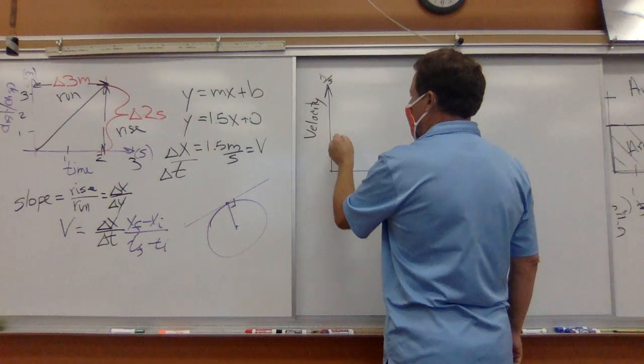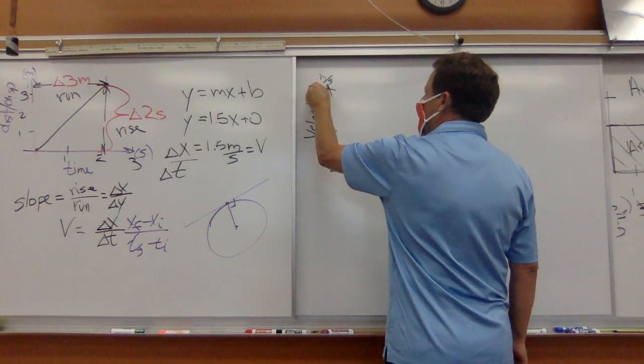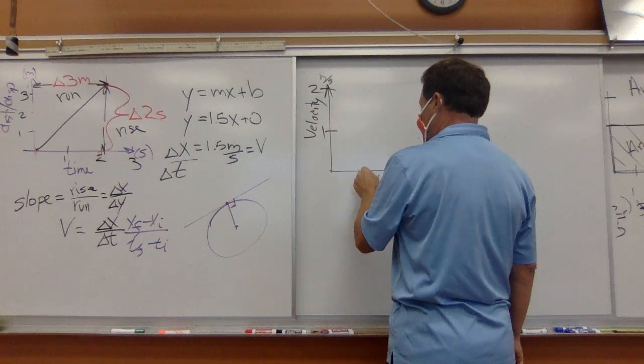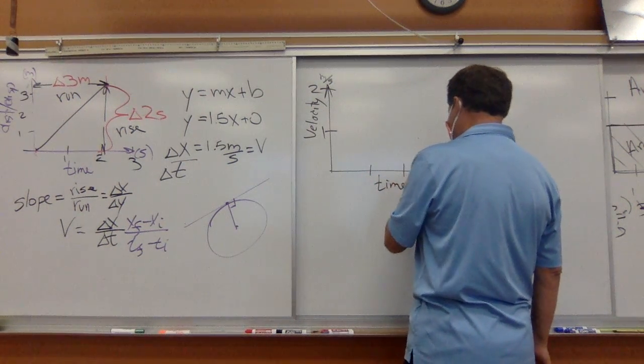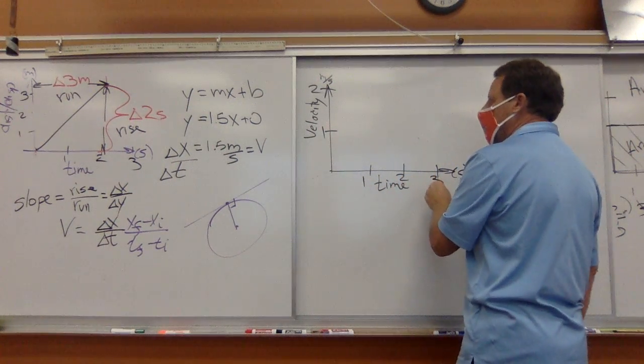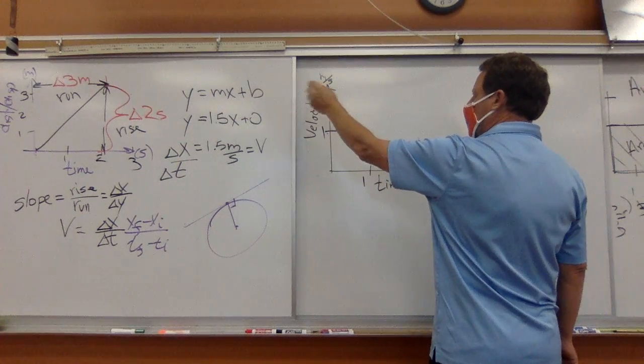So if we have 1 here and 2 here, then we're going to have, let's say, 1 second, 2 seconds, 3 seconds.